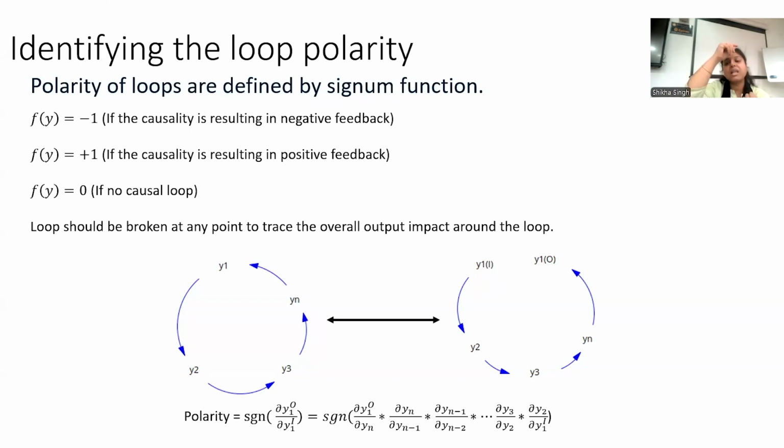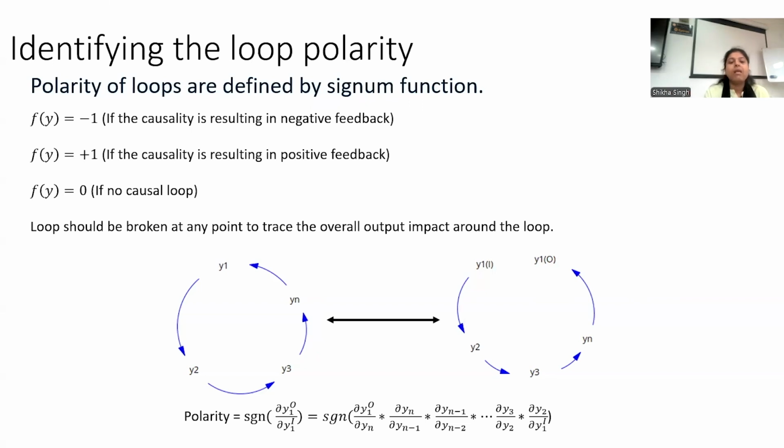I started giving an input, I receive the output, and then we see how it runs throughout the loop, and we keep on multiplying all those values, right? And then we'll get the resultant polarity of this cyclic loop. This is how the polarity can be identified when there are several parameters.